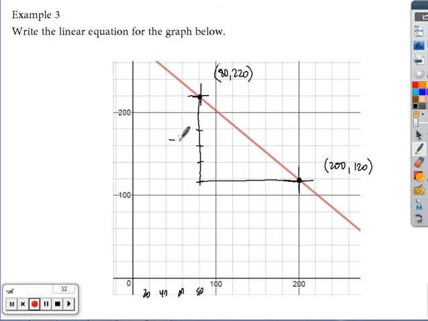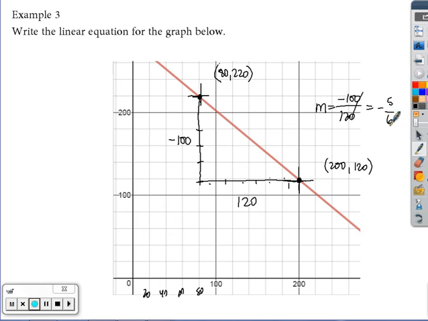So it goes down 100, and it goes over 20, 40, 60, 80, 100, 120. Okay? And it goes over 120. So that's how I get my slope. M is going to equal negative 100 over 120. I want to reduce that fraction. So that's going to be negative 5 over 6.